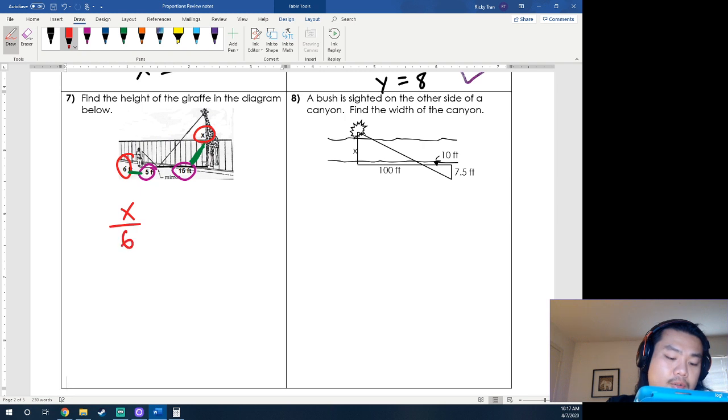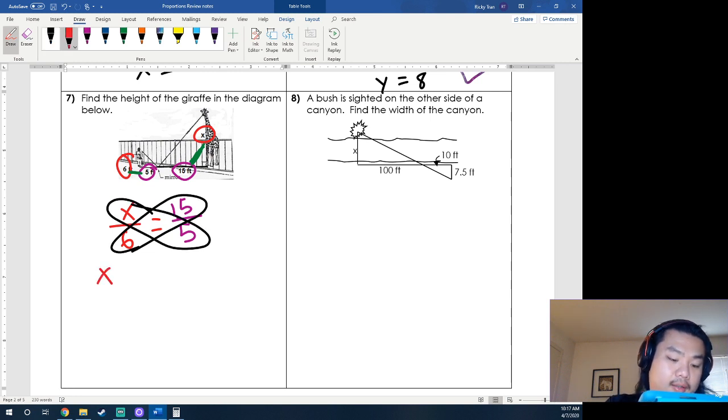X over 6 is equal to 5. Oops, not 5. 15, because x and 15 are together, over 6. What am I doing? Over 5. Again, cross multiply. So we have x times 5, which is equal to 15 times 6.